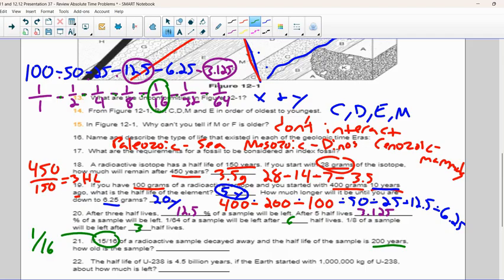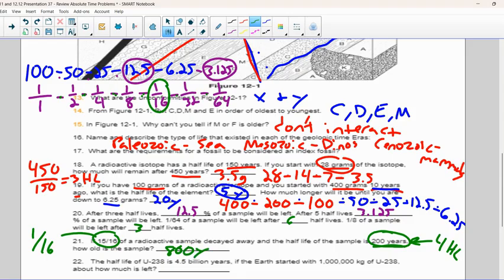And if 4 half-lives is equal to 200 years, 200 divided by 4 is 50 years. I'm sorry, the half-life is 200 years. I thought I was looking for the half-life. So if each half-life is 200 years and it's been through 4 of them, 4 times 200 is 800 years.